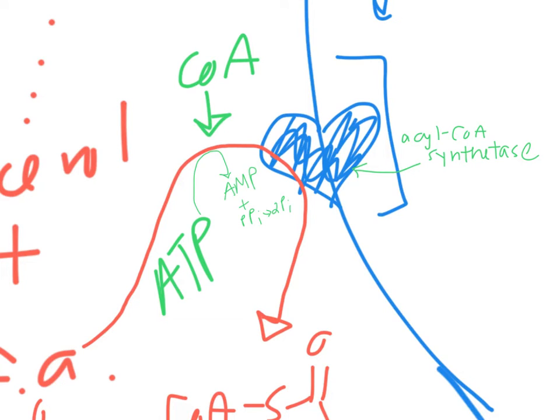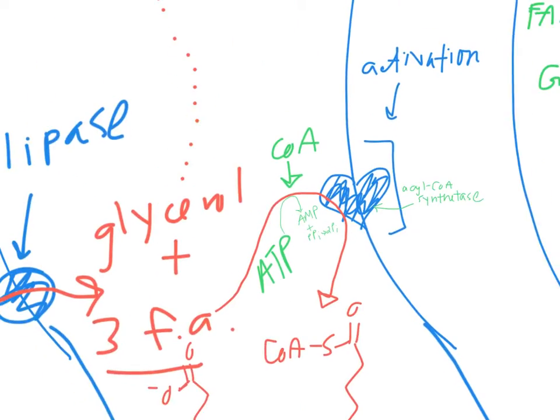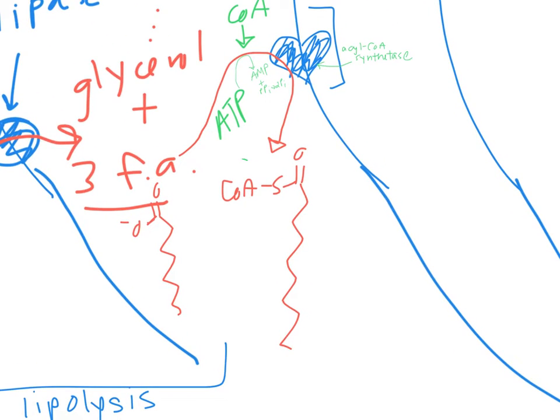Please don't forget about that T. Okay, so that whole process where a CoA gets added on, and the cost to add the CoA on comes from breaking down an ATP to an AMP, is catalyzed by acyl-CoA synthetase, and that gives us an acyl-CoA. So this whole thing right here is called an acyl-CoA.